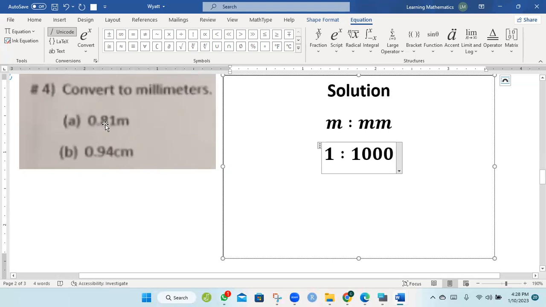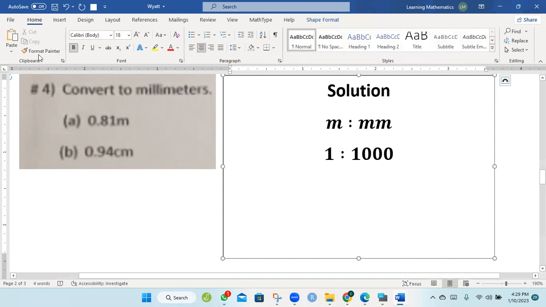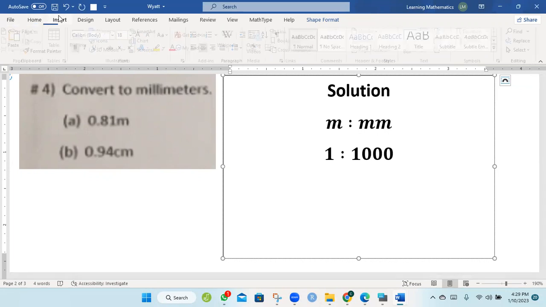So we have a number, 0.81 meters. We're going to make use of that number in the third ratio.